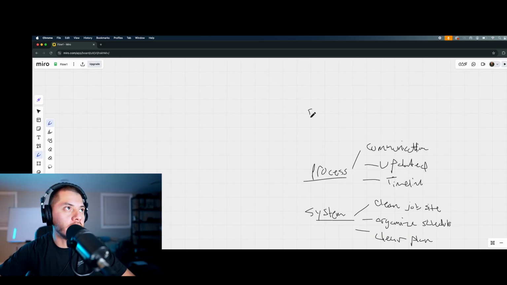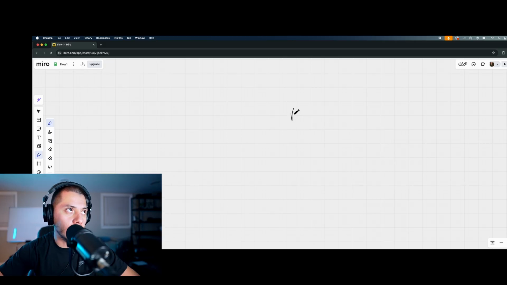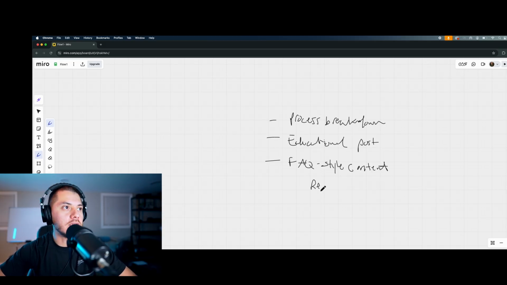Something else you also want to pay attention to is where they mentioned something about solving a specific problem. If a review says something like, they walked us through every step and kept us updated, that's logical. That's you showing your process, and that becomes content that explains how you operate differently from other contractors. And this is good because you can use that content for a process breakdown post, an educational post, and also maybe a frequently asked question content style post. A piece of content like that will help you reduce objections.